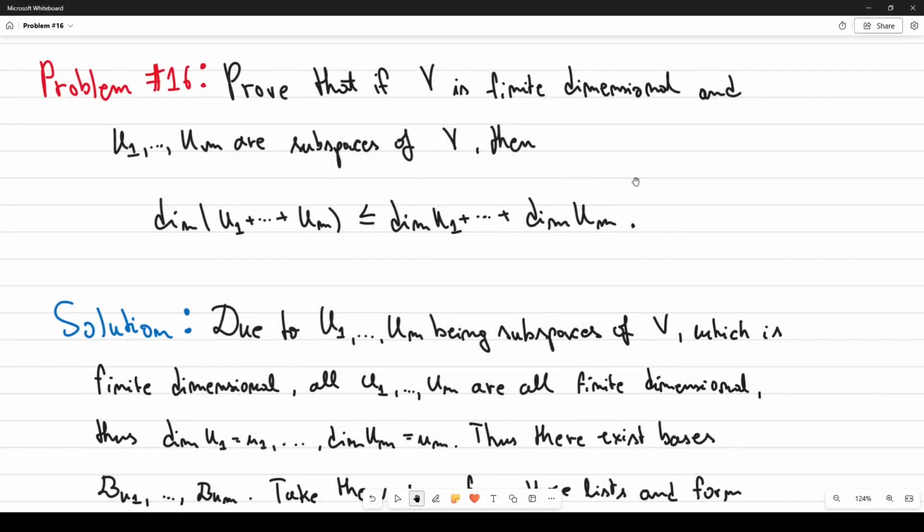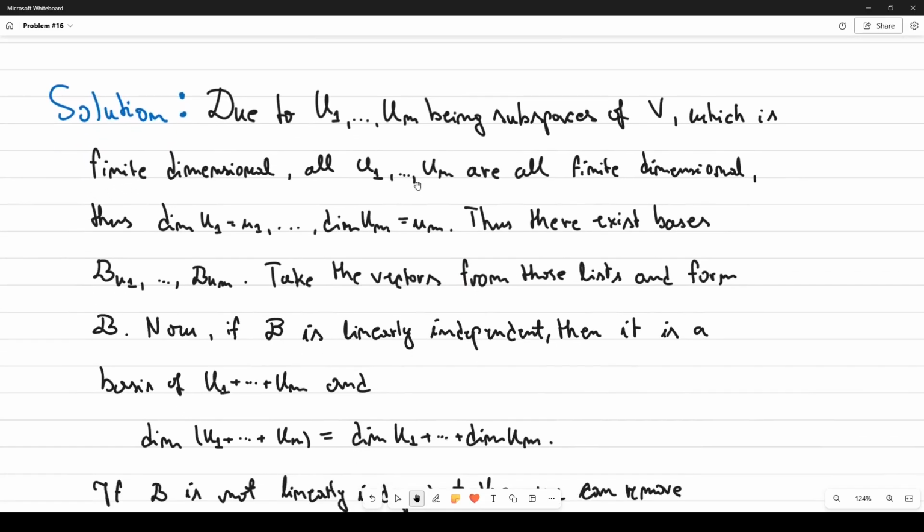Problem number 16. Prove that if V is finite dimensional and U1 all the way to UM are subspaces of V, then the dimension of the sum of all of those subspaces is less than or equal to the sum of all of their dimensions separately.